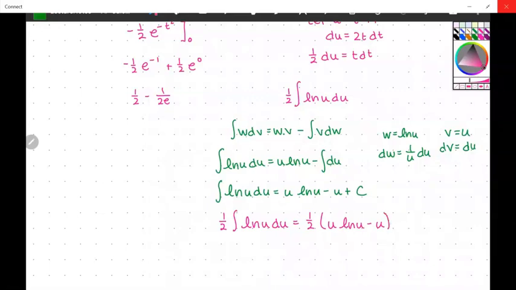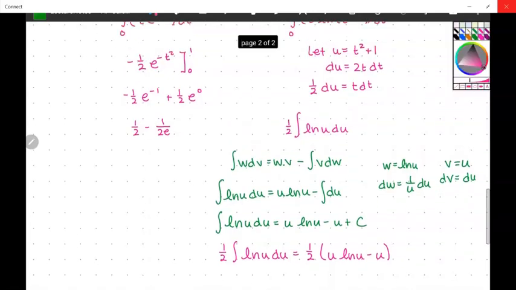And I'm actually going to leave it like that. Normally we'd have the plus c. I'm going to put my limits in. But what do I have to do to my limits first? Change them, because my limits were in terms of t.